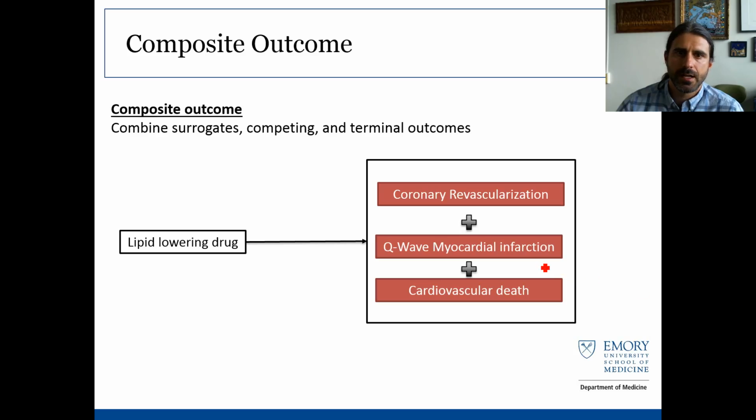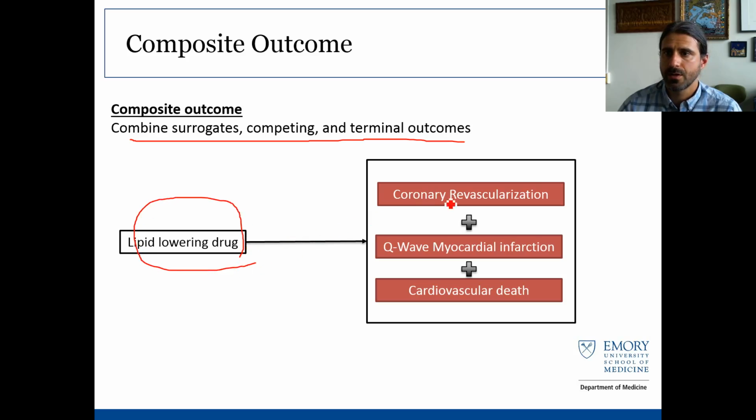Finally, we look at composite outcomes combining a bunch of different ones. So let's say we have a lipid lowering drug. Our terminal outcome of interest is cardiovascular death, a pretty reasonable surrogate outcome, or an important event. In the causal chain towards cardiovascular death is a Q wave infarction.